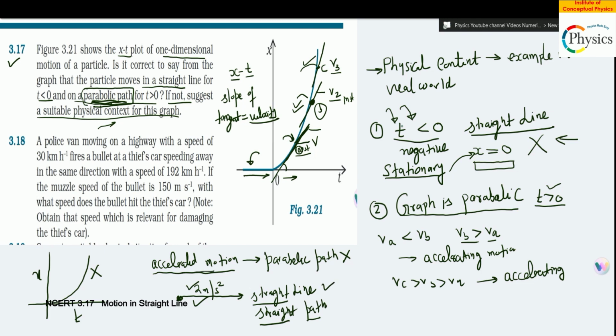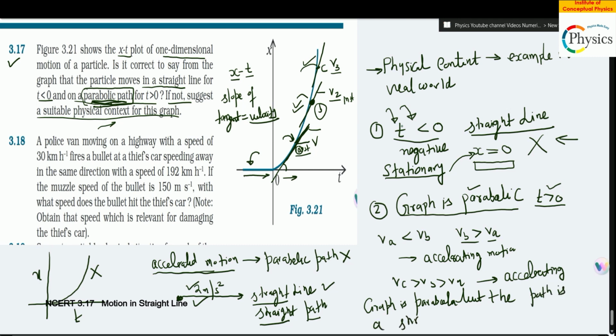The graph definitely is a parabola, but the path is a straight line. So the answer is the graph is a parabola, but the path is a straight line. This should be your answer.